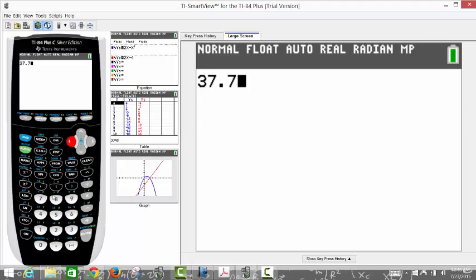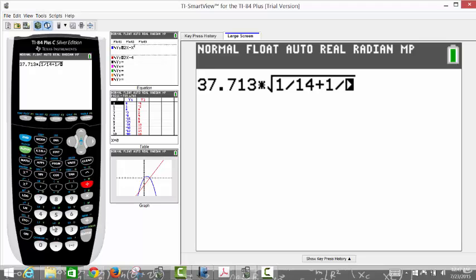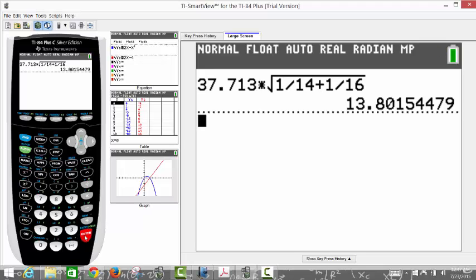Oh, I don't know if that would have rounded to 4 or not. I don't remember. Don't worry, you're not going to have to do this. I'm just checking out of curiosity. And then I want to multiply it by the square root of 1 over 14. Okay, so that's what it was.